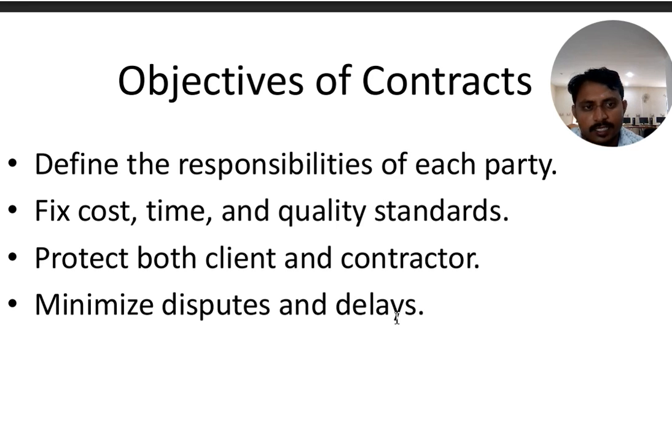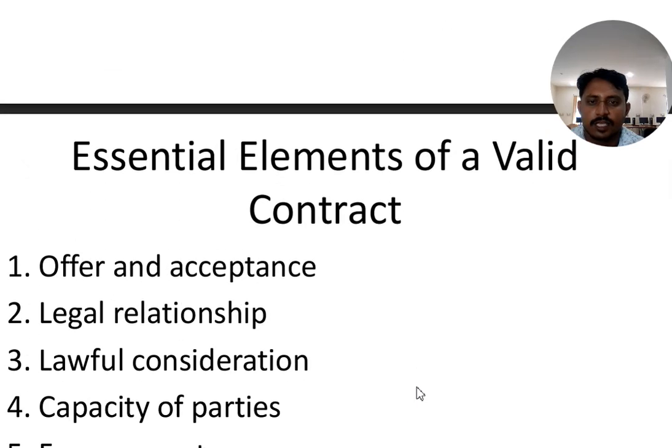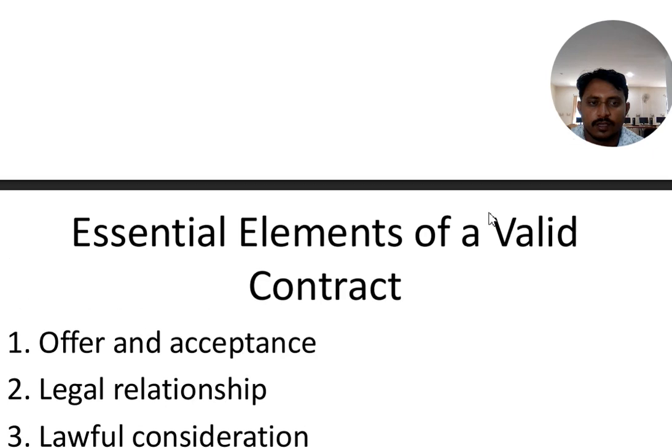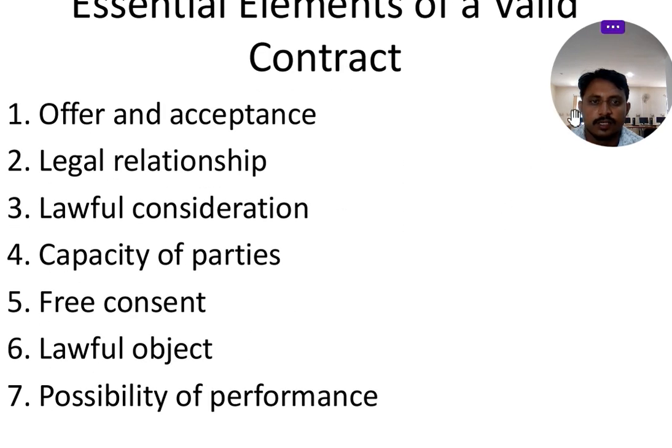If there is a delay, automatically the rate also is more, because as time goes, automatically the cost, some money will be increasing for some of the materials. The next one, essential elements of a valid contract.